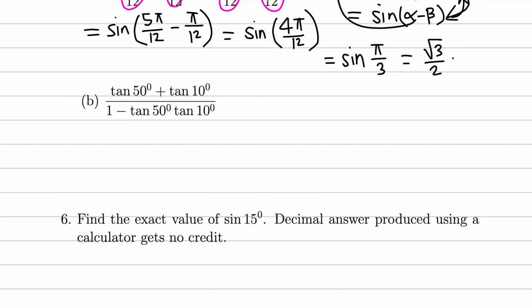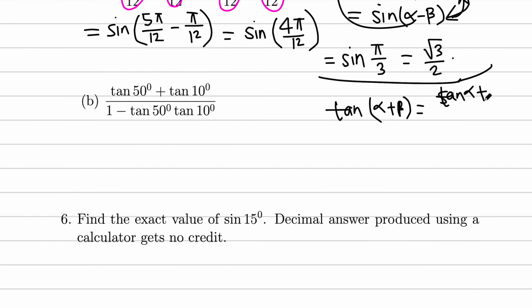Same thing here. If you look closely, there is something similar to the formula of tangent of alpha plus beta. Tangent of alpha plus beta is tangent alpha plus tangent beta all over 1 minus tangent alpha tangent beta.